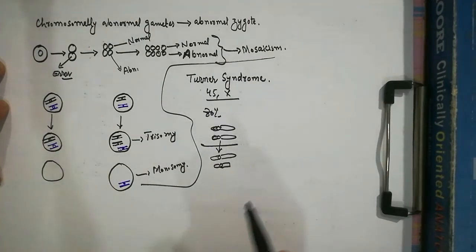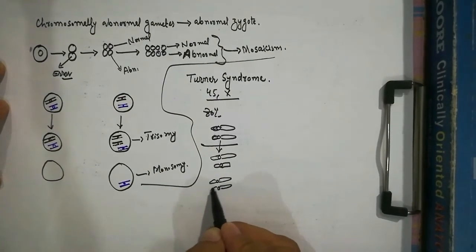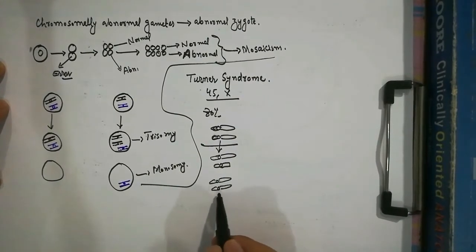And partial trisomy: this is a homologous pair, and if a whole extra chromosome is present, this is trisomy.